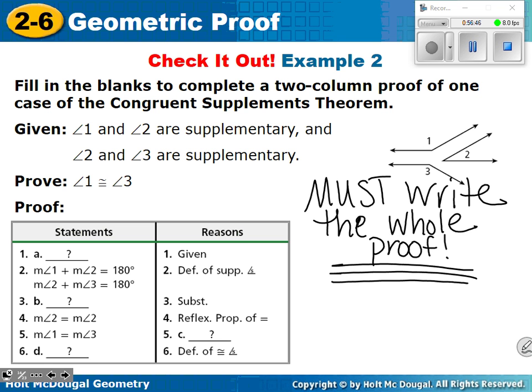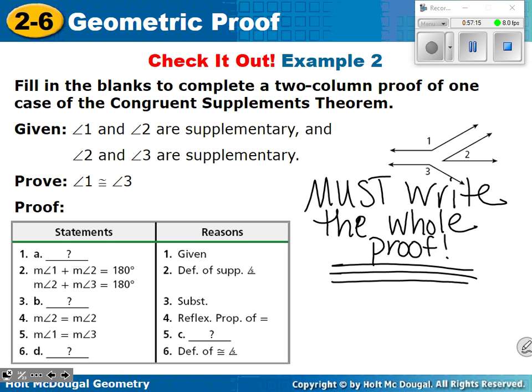So number 1, we're going to say angle 1 and angle 2 are supplementary. And you are writing it word for word of what's in your given. Don't change it at all. And then they tell you angle 2 and angle 3 are supplementary. All right.